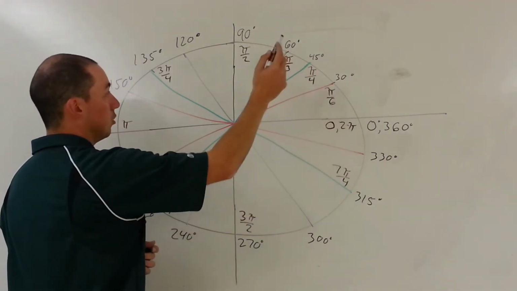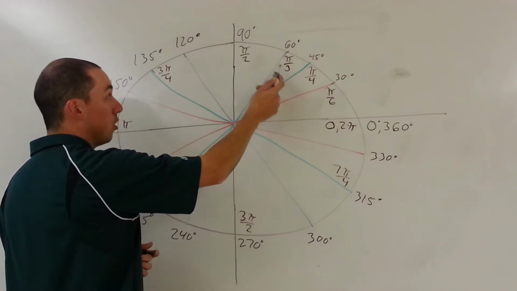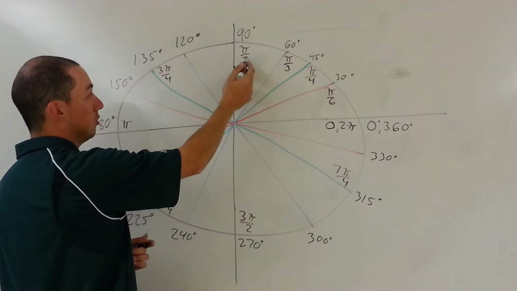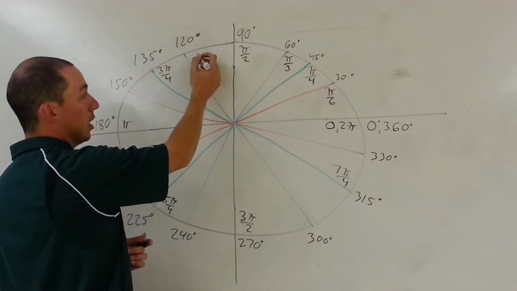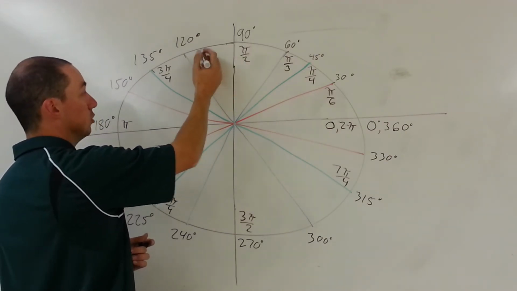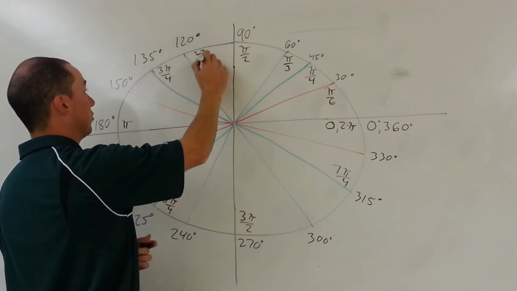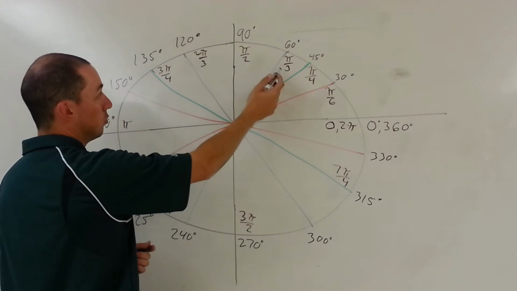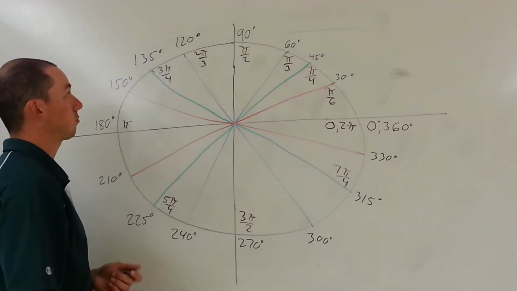Pi over 6, 2 pi over 6, 3 pi over 6, pi over 2, 4 pi over 6, which reduces to 2 pi over 3. Because 120 is double 60, or twice pi over 3.